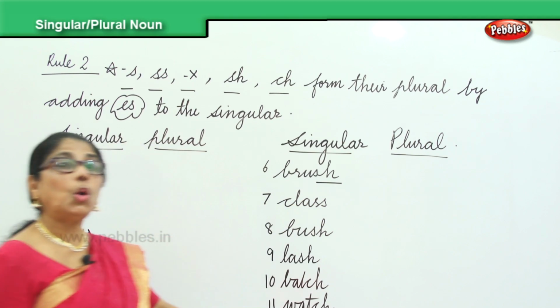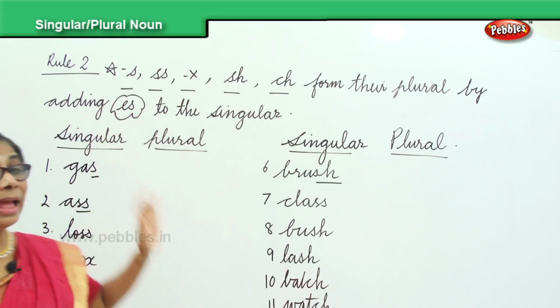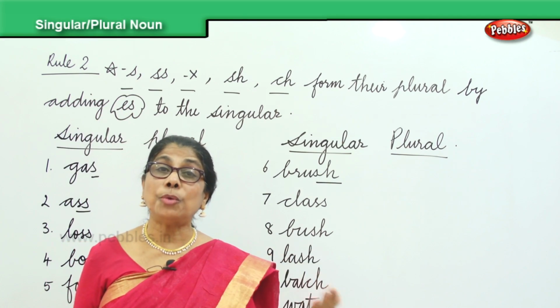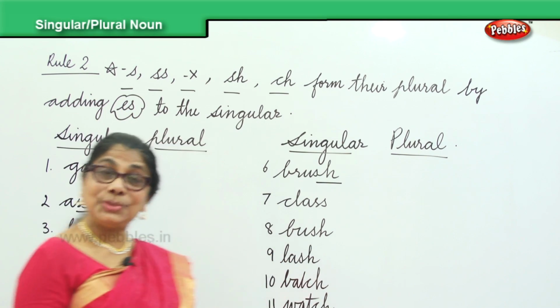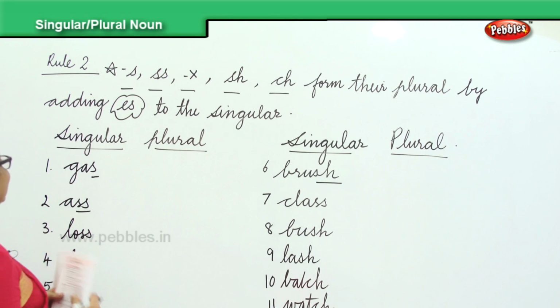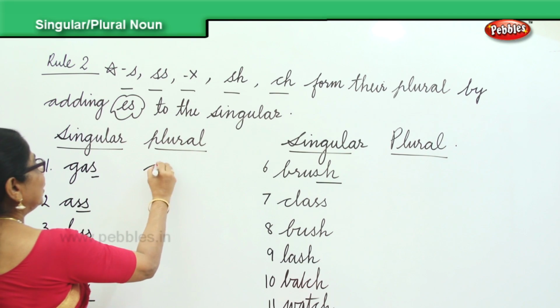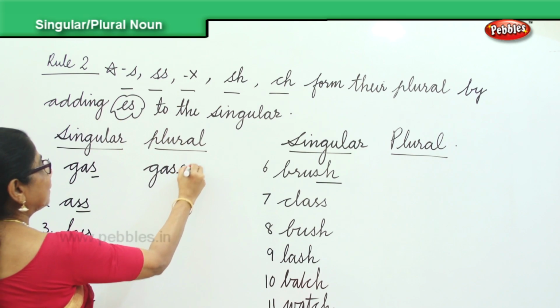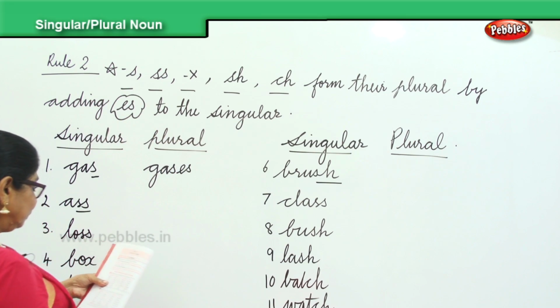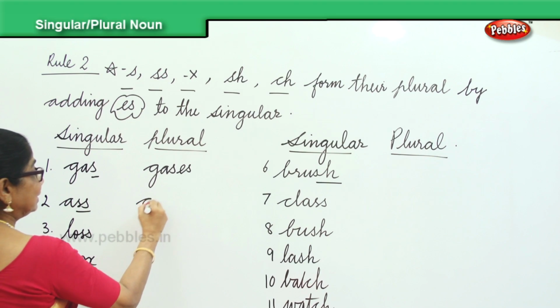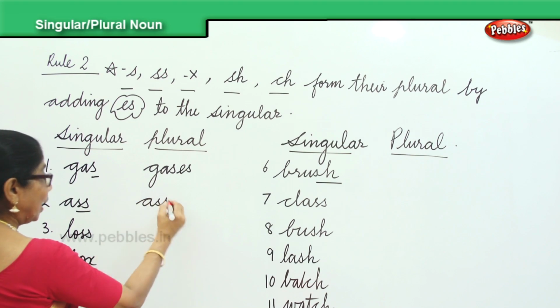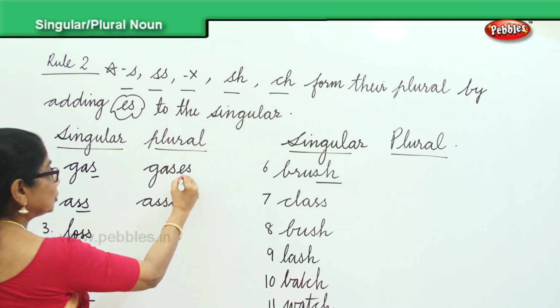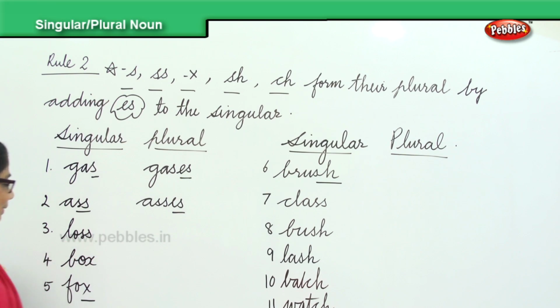All we need to do is add es to form the plural form. Now let us do that together. Okay, now you have gas, so you will write gas, add es, gases. Then you have bus, then you add es. So you are adding es.